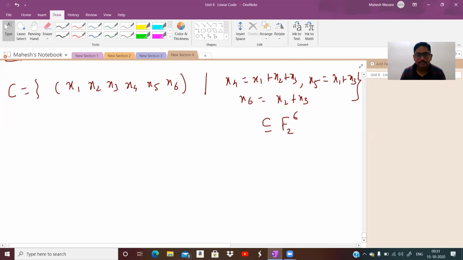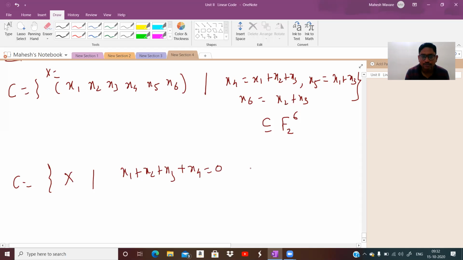So I write in matrix form. One can write in column form also, this x. The x such that, what is the condition on this x? So you write all the equations. From the first equation, it is x1 plus x2 plus x3 minus x4, means plus x4, equal to 0.